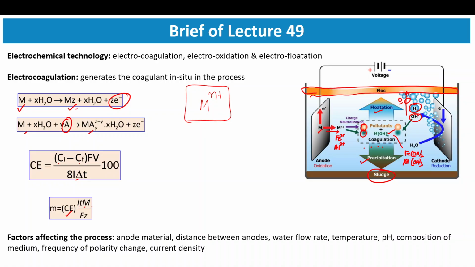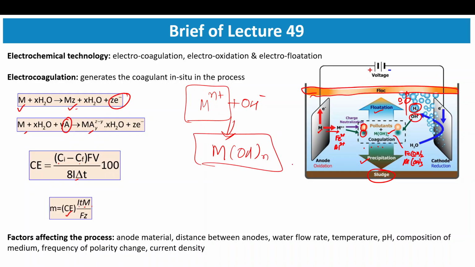Now again at the cathode the reduction takes place, right? So H2O can form H2, and this Mn+ which is formed can further combine with OH- which is present in water to form hydroxides, right?